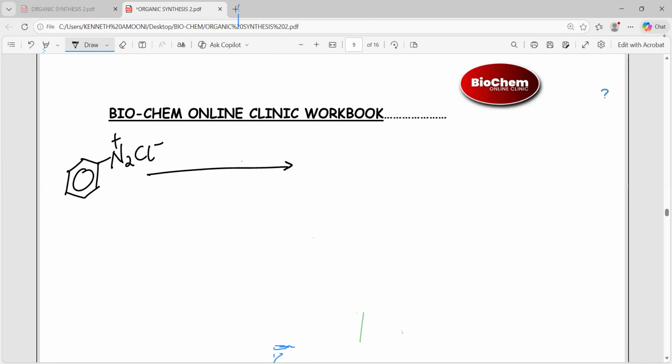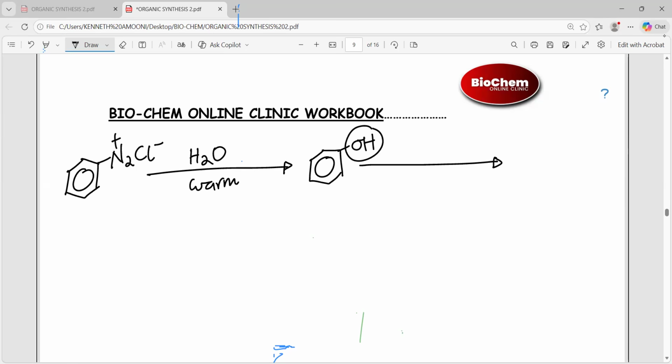One person would have produced phenol by reacting that with water, and then you warm. And that one would give us phenol. Then from phenol, somebody will decide to remove that hydroxyl group by using zinc dust, and then you heat. And that will form for us benzene directly.